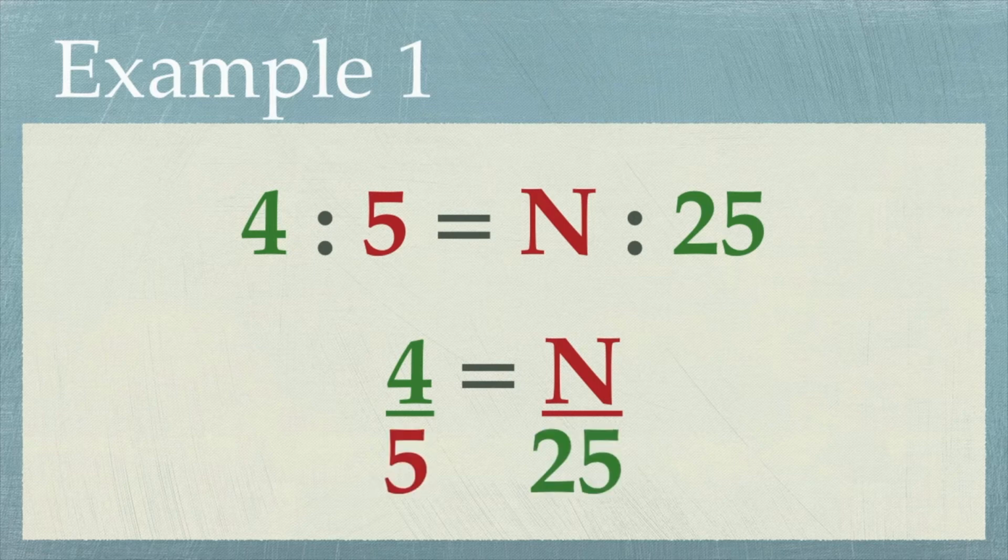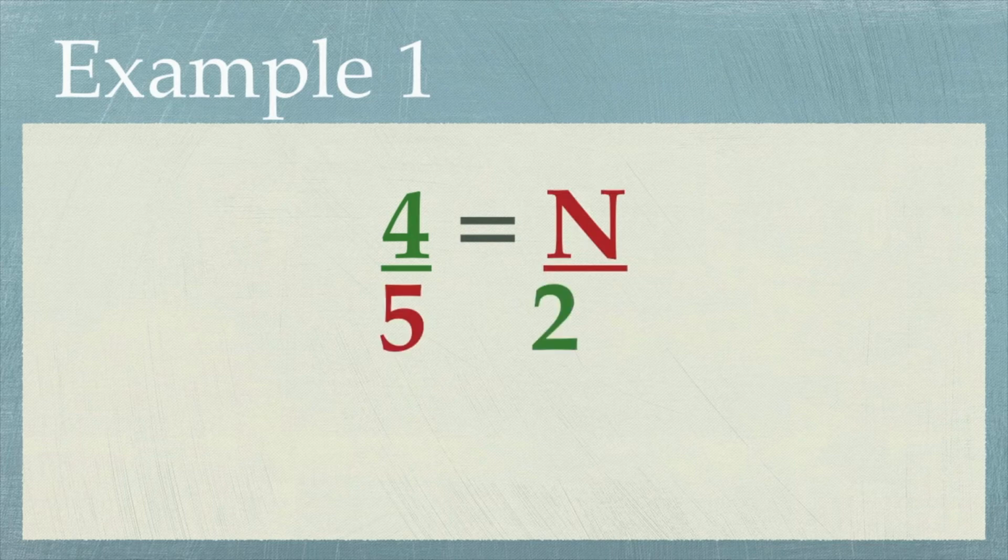Then 5 and 25 are the denominators. So instead of 4 to 5, we now have 4/5. And instead of n to 25, we now have n over 25. So we will find the equivalent ratio using 4/5 equals n over 25.